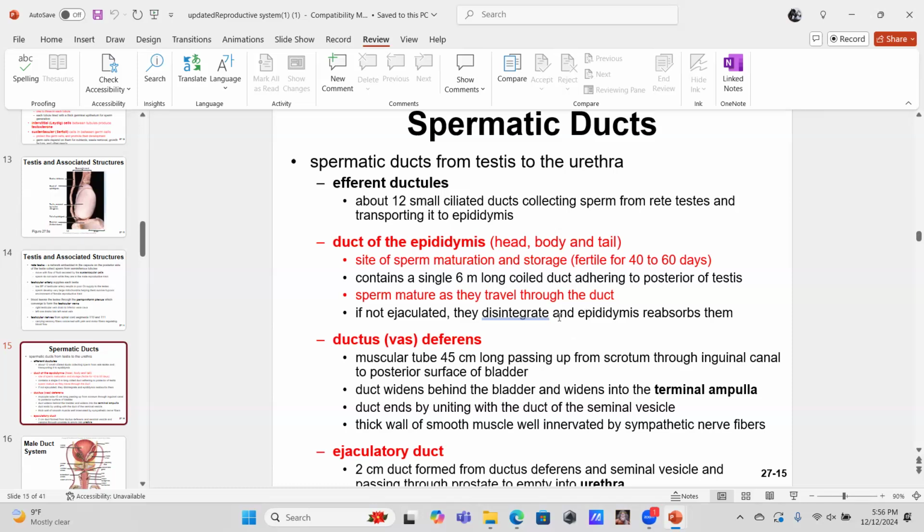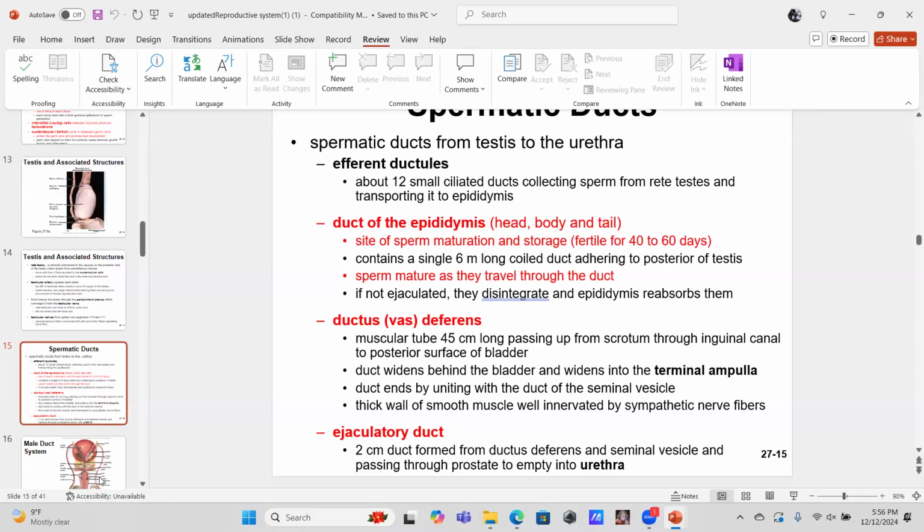They're going to have an enzyme head region that allows them to eat their way through the plasma membrane of the oocyte or egg, and a functional flagellum that allows them to swim upwards from the cervix up into the fallopian tubes, so then we get a fertilization.